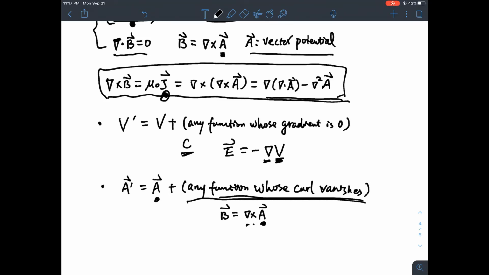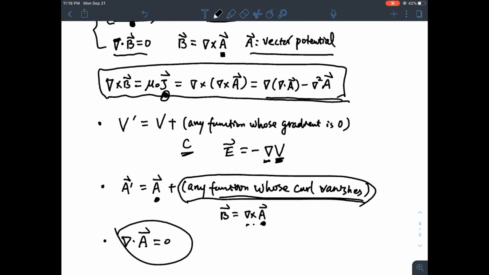As I said, we have this freedom to add any function whose curl vanishes to this vector potential. So what we want to do is make del dot A equal to 0. We have many choices of A, and we choose A so that its divergence is 0.